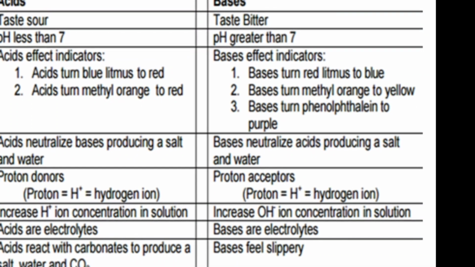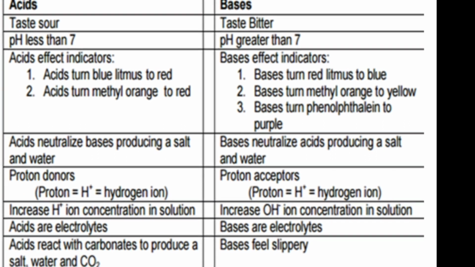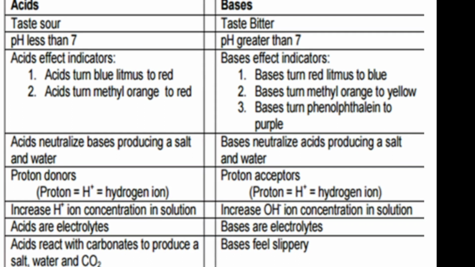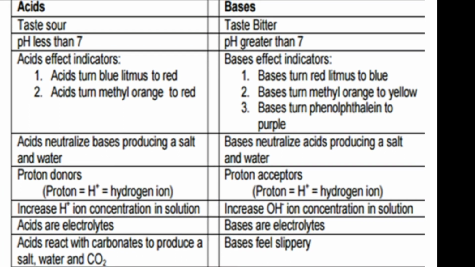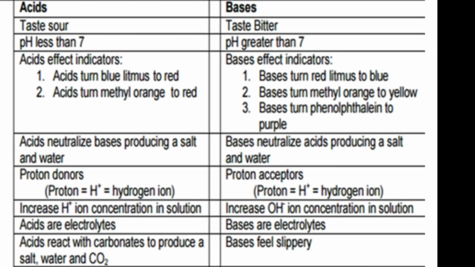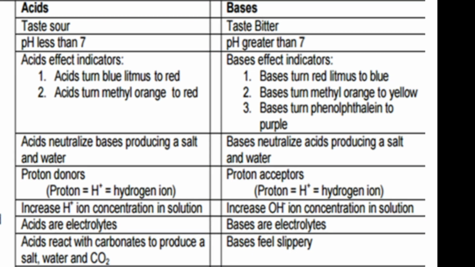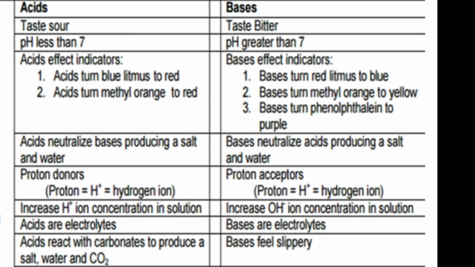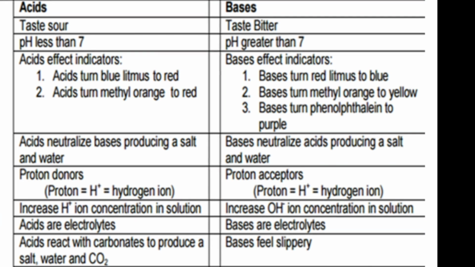Bases turn methyl orange to yellow, because it is an acid indicator. Bases turn phenolphthalein to purple. Phenolphthalein is colorless in acid medium. When the pH of the medium becomes alkaline, phenolphthalein turns to pink.